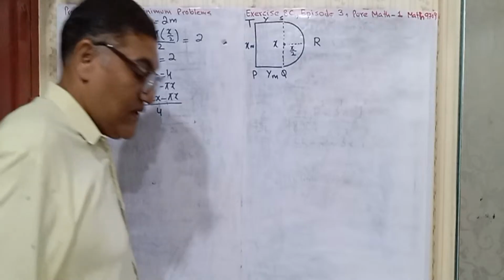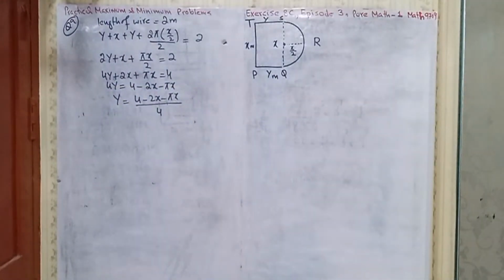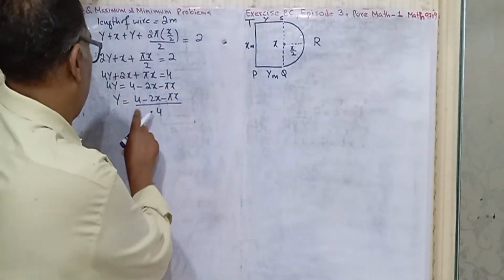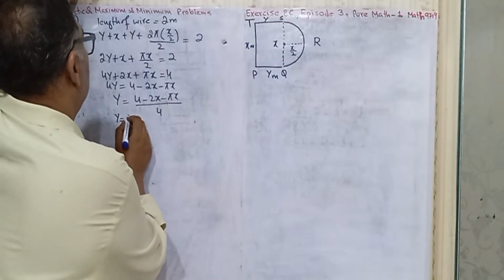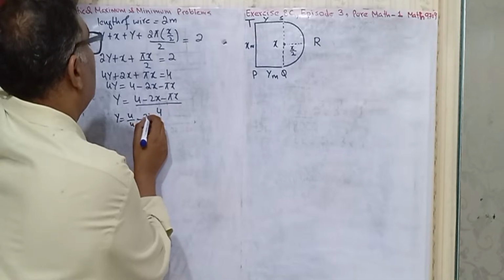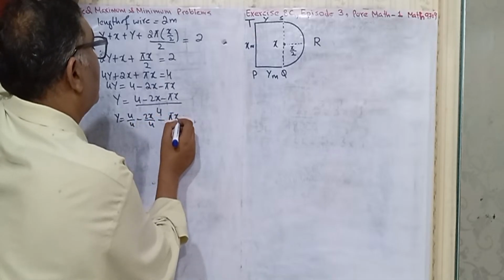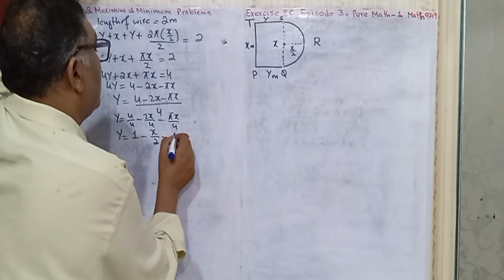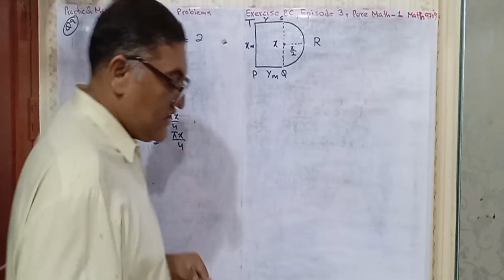You can take x common from those two terms as well. In the book they have given this 4 to each one, so you will have 4 by 4 minus 2x by 4 minus pi x by 4. So your y will be equal to 1 minus x by 2 minus pi x by 4. This is the form given in the book.